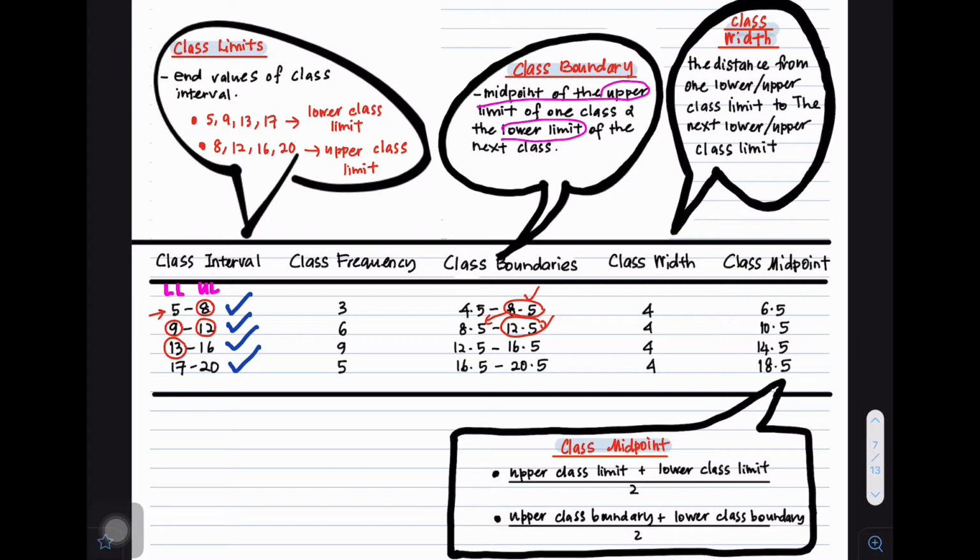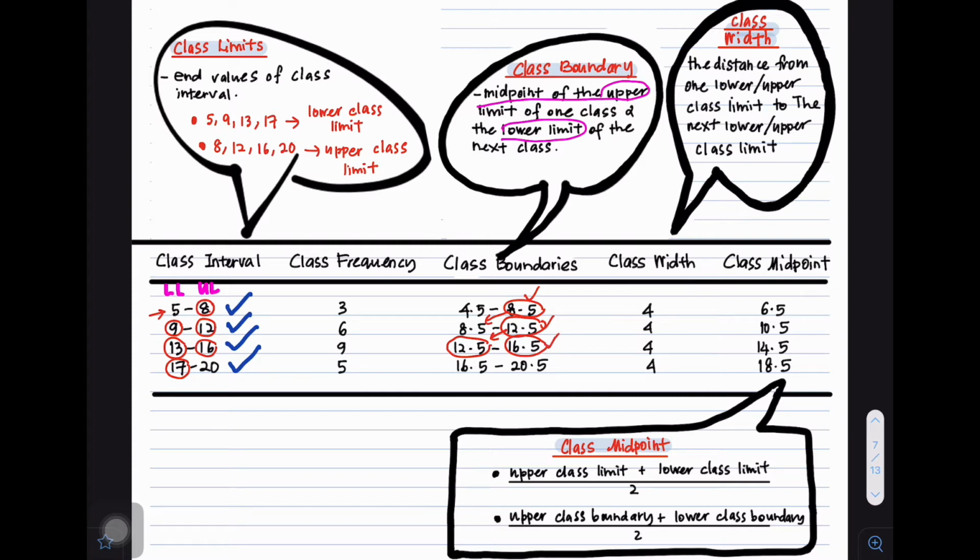And then the lower boundary of the next class is the same. We just take the upper boundary of the previous class. Okay, and the upper boundary of this class is the upper limit plus the lower limit of the next class divided by 2. So 16 plus 17 is 33. 33 divided by 2 is 16.5. So this one becomes the upper boundary.